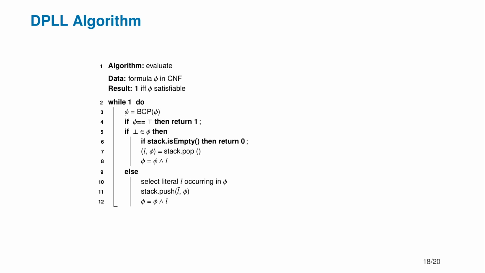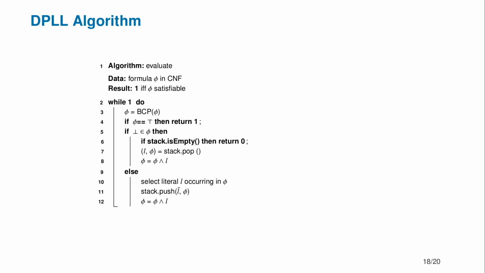And if this is the case, then we return false. Otherwise, we take the topmost element from the stack, so we get the literal and the state before the complement of the literal was assigned, and we add L as a unit clause to the formula and proceed in this loop.